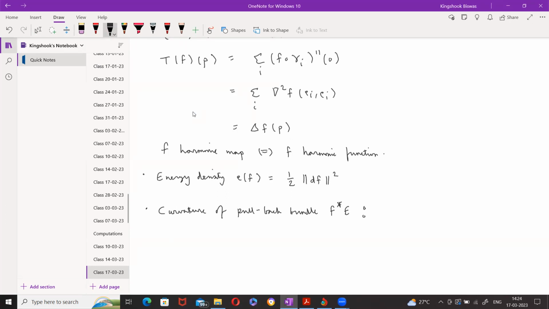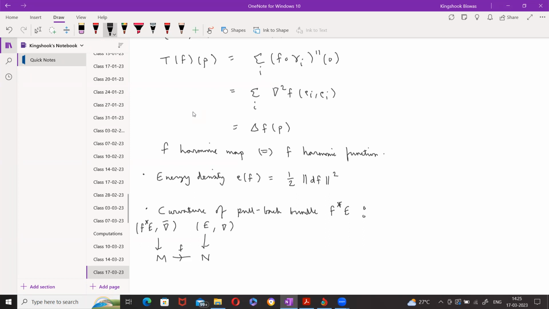Say you have f from M to N, and E is a vector bundle over N with a connection nabla. So you can pull this back to get the pullback bundle f star E with the pullback connection, say nabla bar.